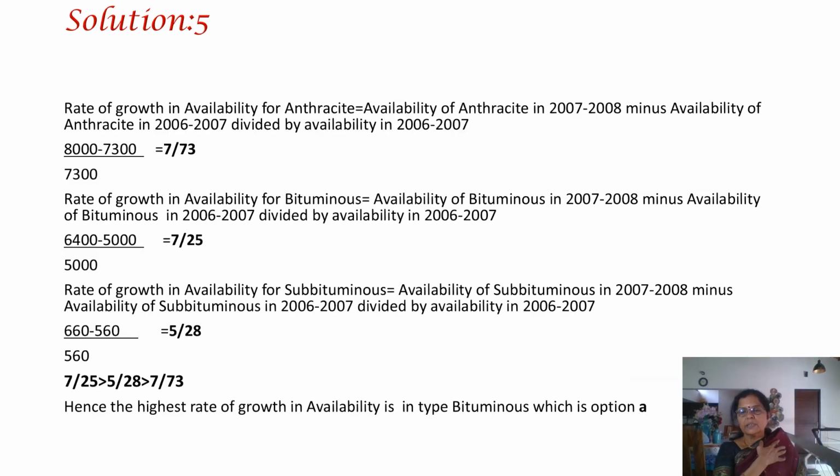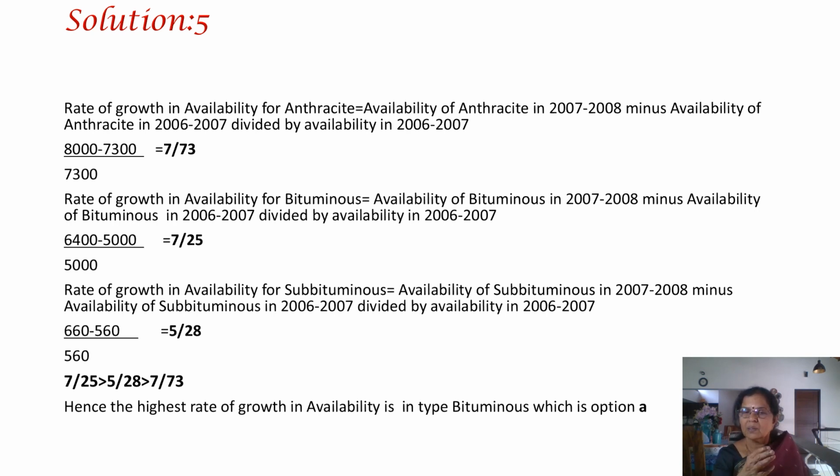Now you can forget about the demand. We are not going to bother about the demand column because this question is dealing with the availability, the supply of all the 3 types of coal in both the years. So we have to find out the growth in availability from this year to this year.